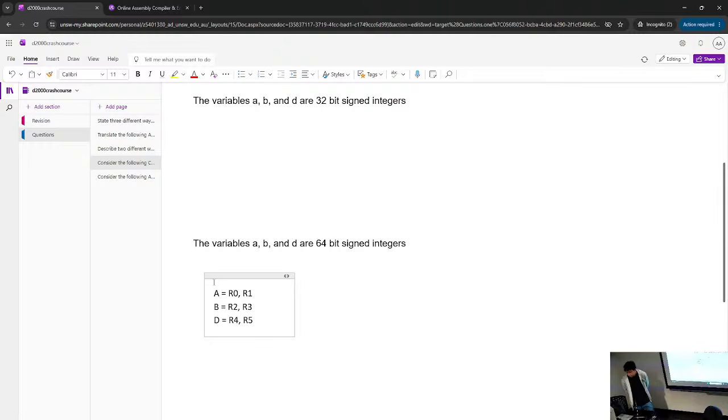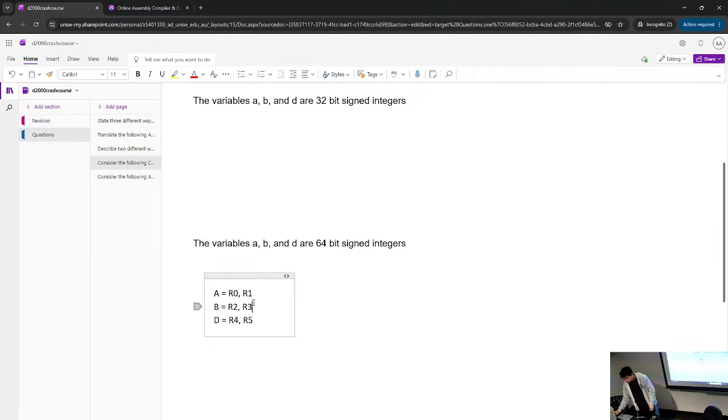So in other words, because these are 64-bit integers, and our registers are only 32 bits long, we need two registers to store a 64-bit number. And this is just a construct that we can define ourselves. We can choose any two registers and combine them together in our heads to form a 64-bit number.